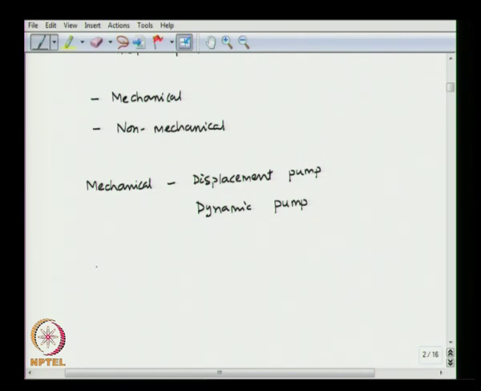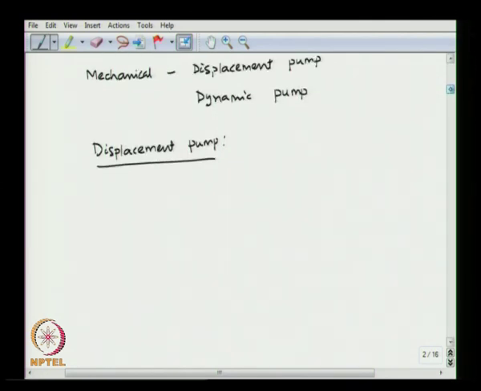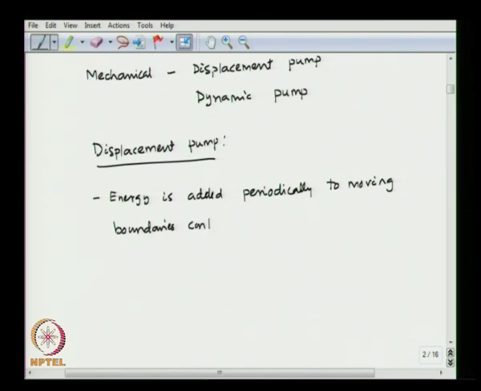Okay. Now let us first talk about displacement pump. So in displacement pump the energy is added periodically to moving boundaries containing fluids.